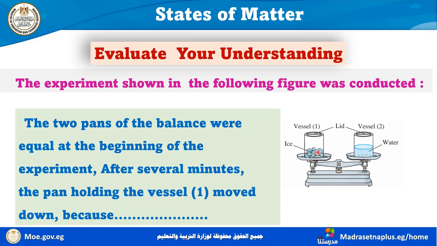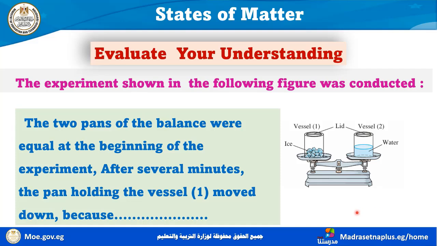The vessel number 1 contains ice cubes, and both vessels 1 and 2 are closed tightly, and left for several minutes. What will happen? The pan holding vessel 1, which contains ice, moved down, so the mass of vessel 1 increased compared to the mass of vessel 2.